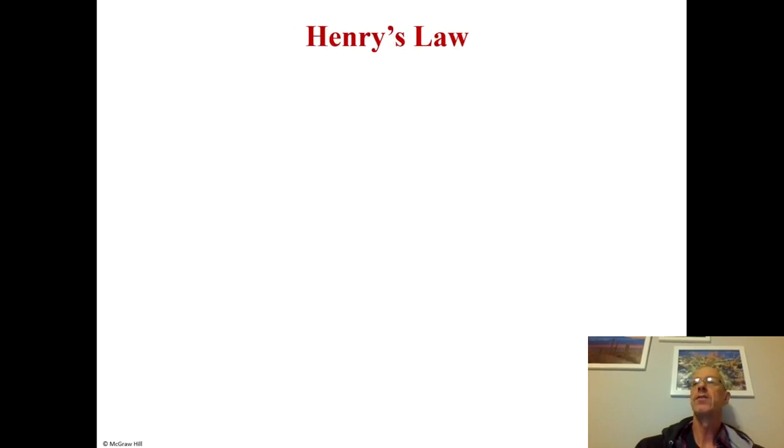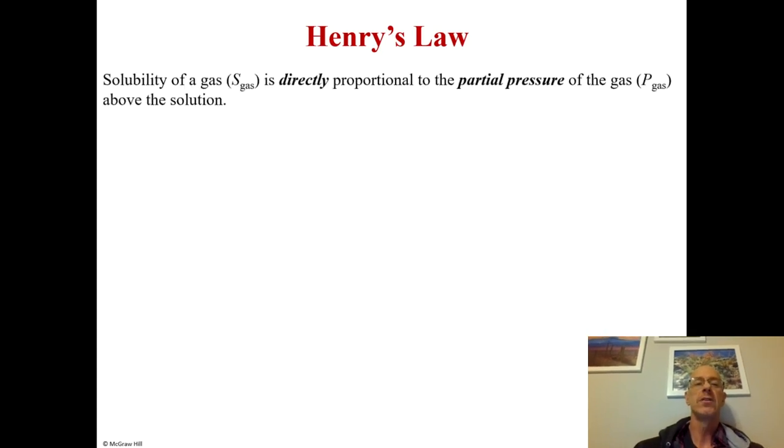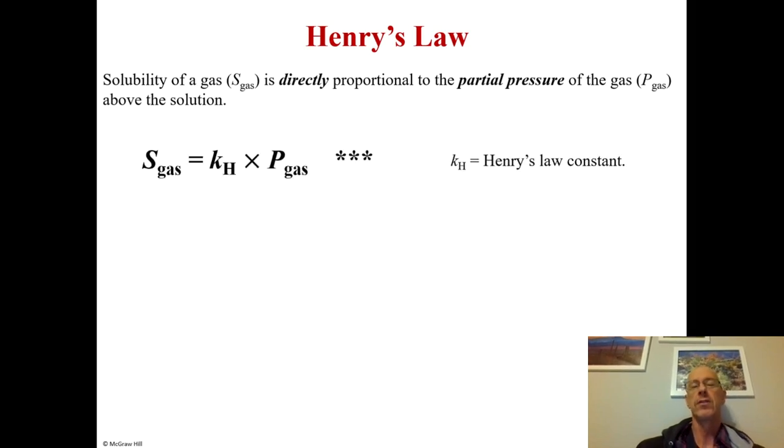And that's described by something called Henry's law. So Henry's law states that the solubility of a gas, that is S sub gas, is directly proportional to the partial pressure of the gas, P gas, above the solution. So here's an equation that you need to know and you will use.